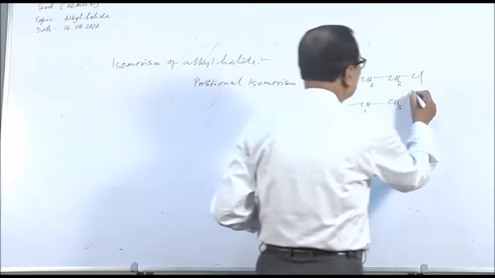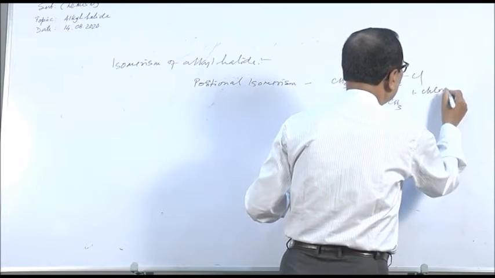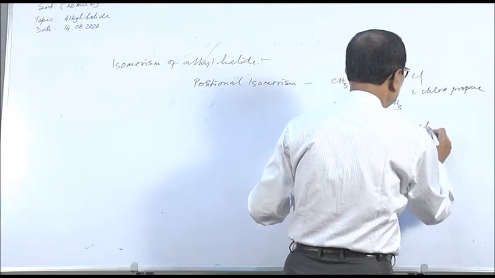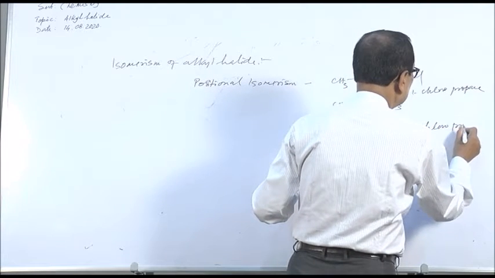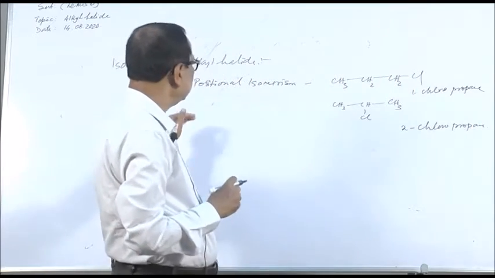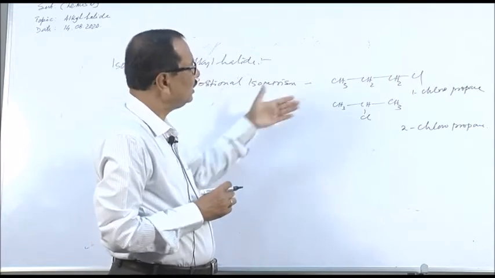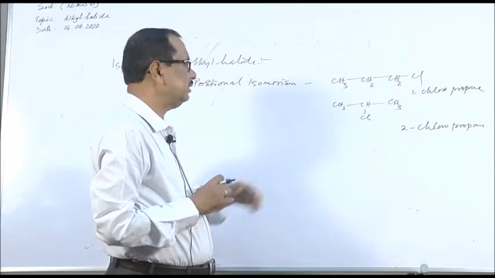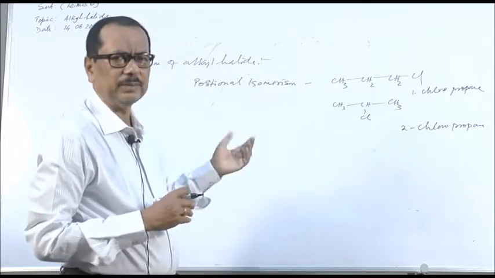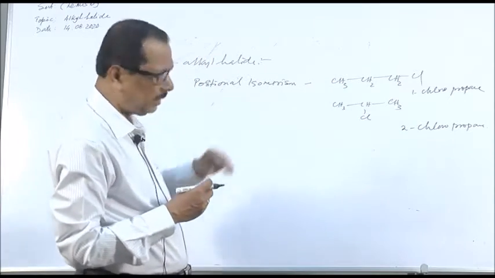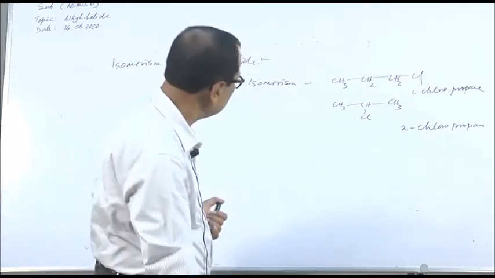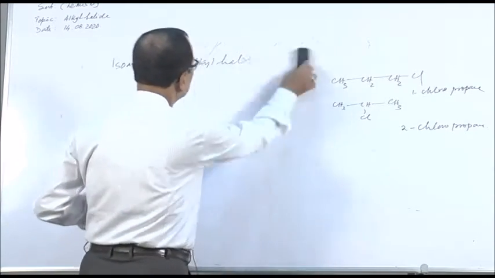Therefore, it is 1-chloropropane and this is 2-chloropropane. So basically the alkyl halide gives positional isomerism, that is, the halogen atom is at 1 position or at 2 position. Other types of isomerism are also shown by alkyl halides, but we are not going to discuss those. It will be beyond your course.